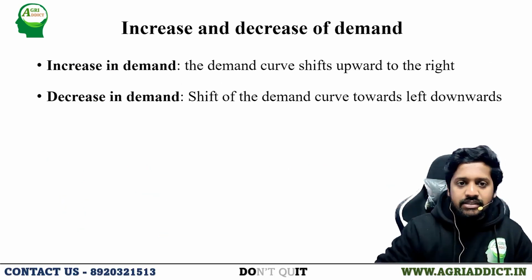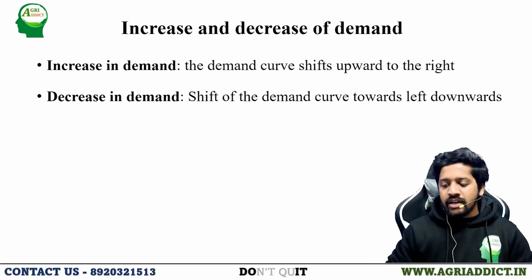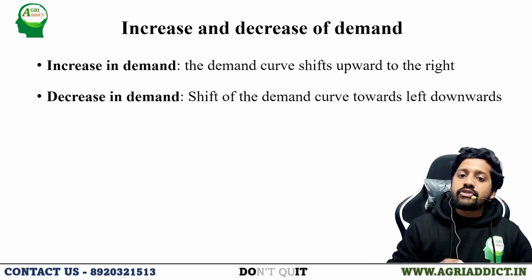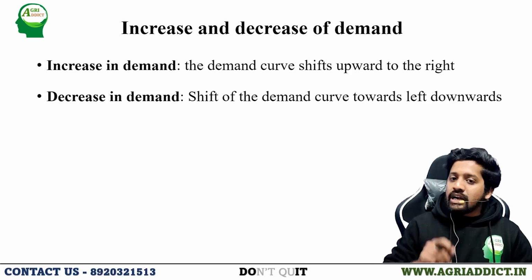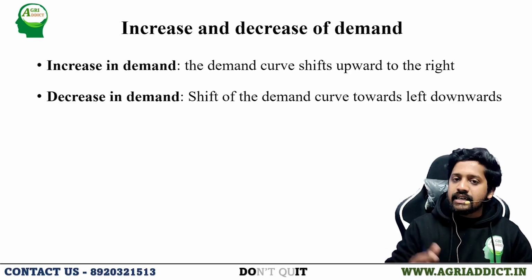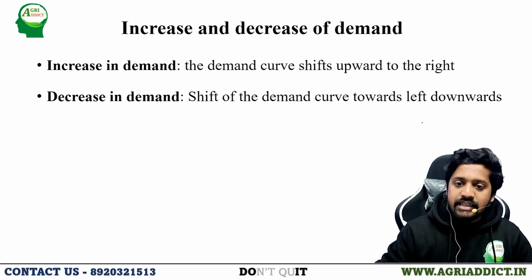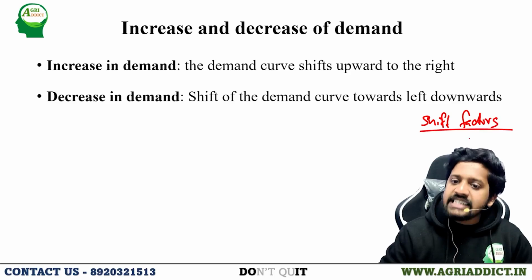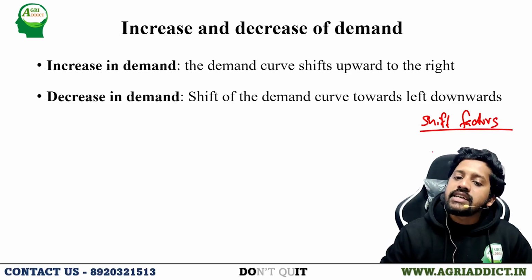But in the case of increase and decrease of demand, there are some other factors which cause the demand curve to shift. These are often called shift factors. All factors except the price of the same commodity can be considered as shift factors.